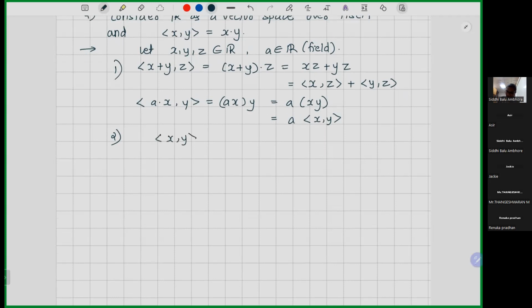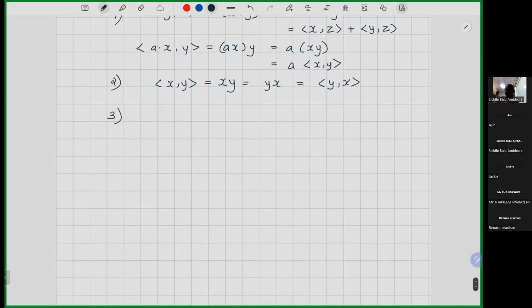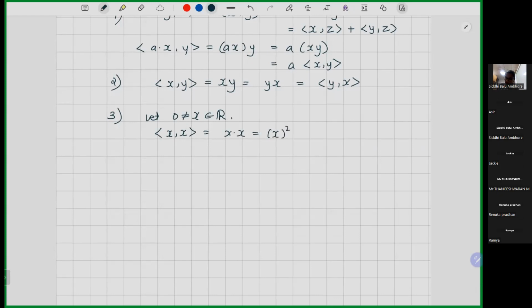Now the second condition. (x, y) is xy, but multiplication of real numbers is commutative, so this becomes y into x, which is (y, x). So symmetry is satisfied. And third, let x be non-zero in R, then (x, x) is x into x, which is x squared, and we know for non-zero x it is always positive.